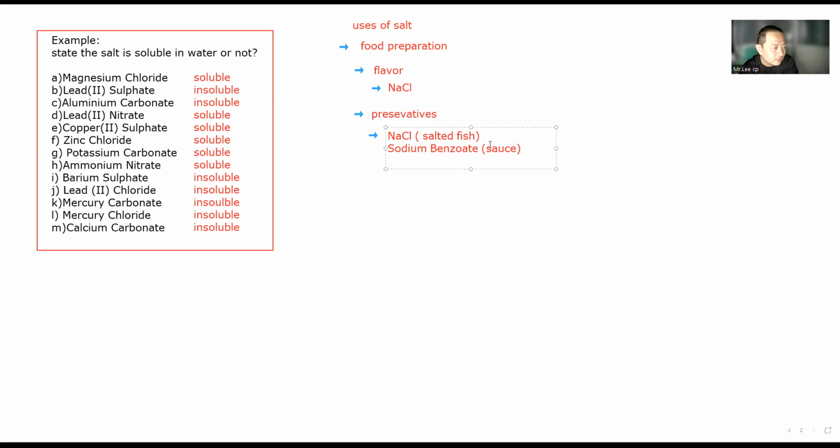For example, sodium nitrate, we normally use it in your burger, the meat that is produced, processed meat. We use sodium nitrate. All these are for preservation. It can last for longer.